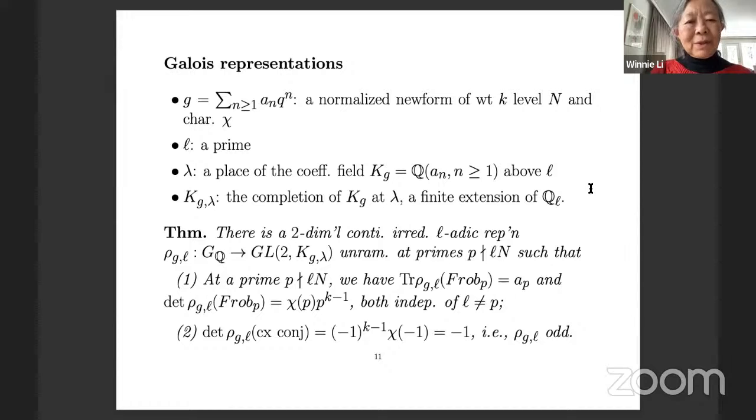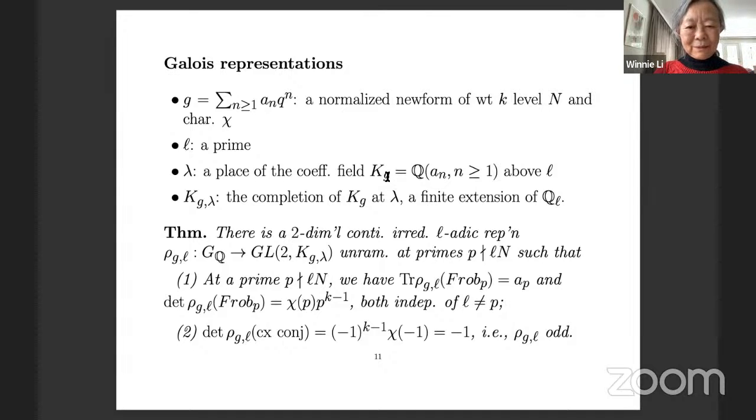Now let me talk about the Galois representation associated to a newform. We take a normalized newform g of weight k, level N, and character chi. We take a prime L. We said before that the field of coefficients K_g is a finite extension of Q. In this field we take any prime ideal, or place, above L, and call it lambda.